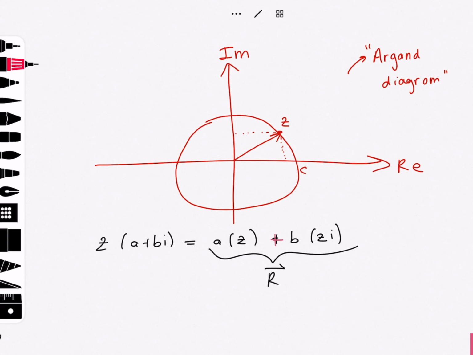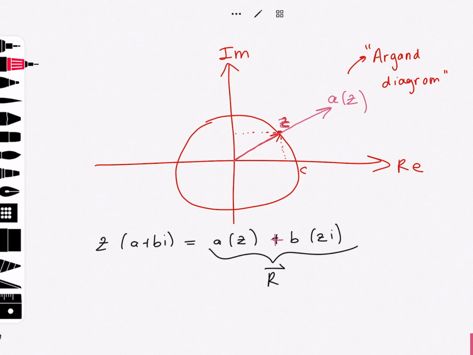a is a constant here, so a times z is a stretched vector which is in the same direction as the vector z. So let's draw a times z. To draw b times zi, we know that zi is the 90 degrees rotated version of z, which the definition of i explains.